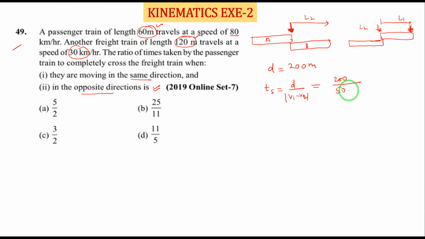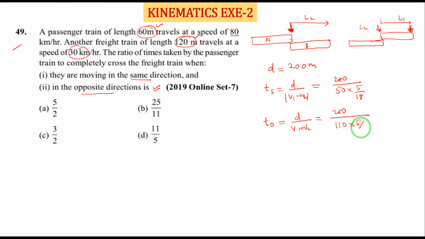And unit is kilometer per hour. For converting it into meter per second, we'll multiply it with 5 by 18. But we are not going to solve it right now because we know that these values are going to cancel. Therefore, now if in opposite direction, the equation will be T upon V1 plus V2, that is 200 divided by, when we add the velocity, it is 110 kilometer per hour.